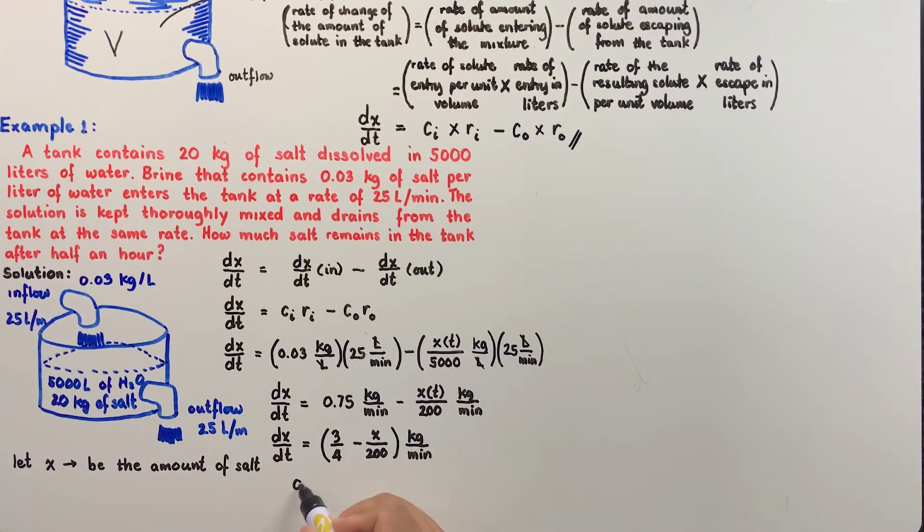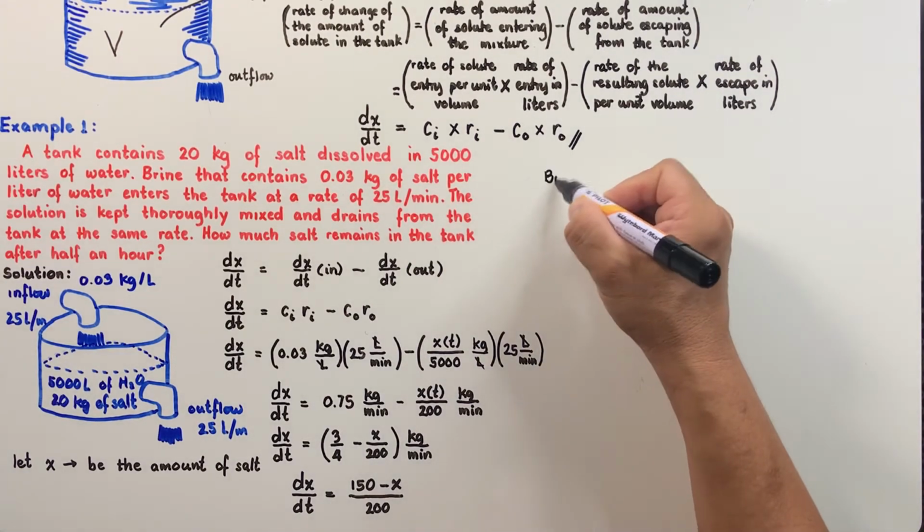Then therefore, the resulting equation is a differential equation which can be solved using the techniques we've learned from our previous videos. Now we notice that this differential equation can be solved by using the technique of separating the variables.